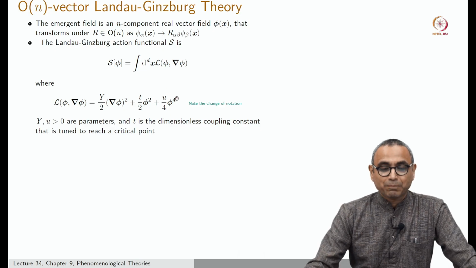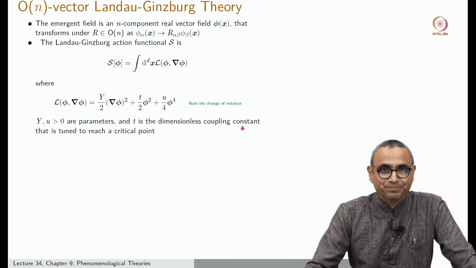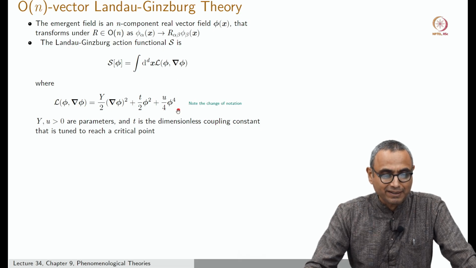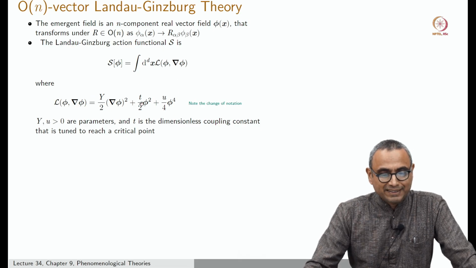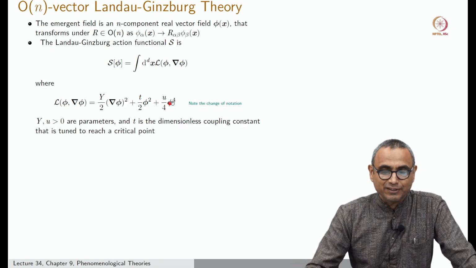And then this is the usual Landau term. Please note that from here on we are going to use a slightly different notation, to connect with more common literature. So we don't have A, B and so on. B has been changed to u and there is no A, and I had mentioned a couple of lectures back that you can absorb all these things into the definition of your units.